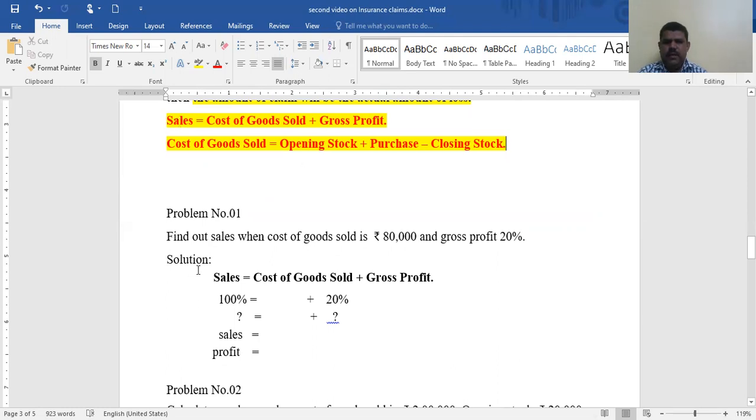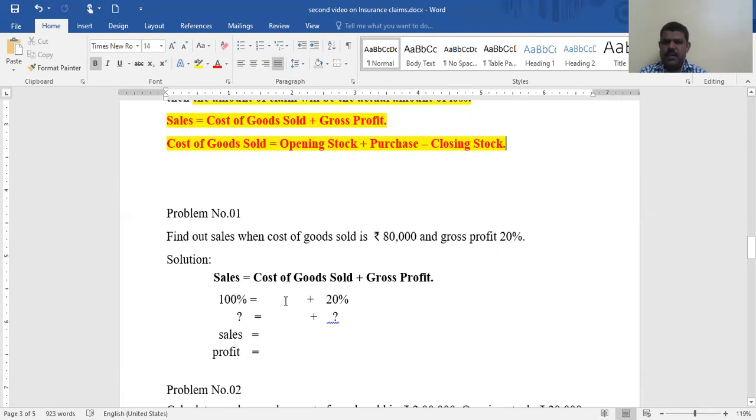Now let us write the equation first. Sales is equal to cost of goods sold plus gross profit. They have given the gross profit percentage, 20%. I also told you, when profit is based on sale, then sale will be how much percent? Yes, the sale will be 100%, because this profit is directly based on sales. Sometimes if profit is based on cost, then cost will be 100%.